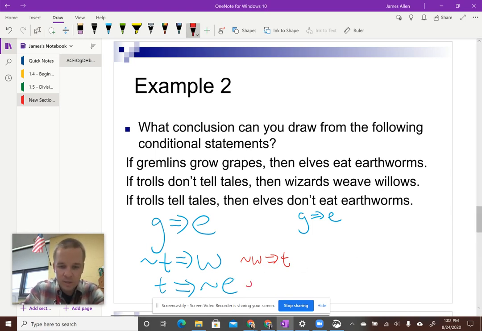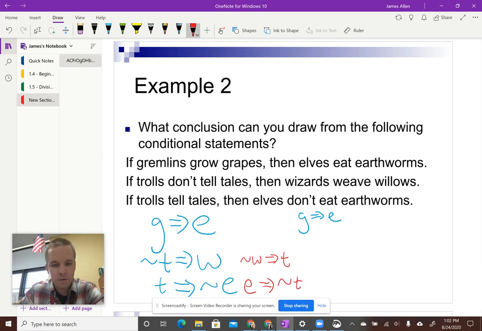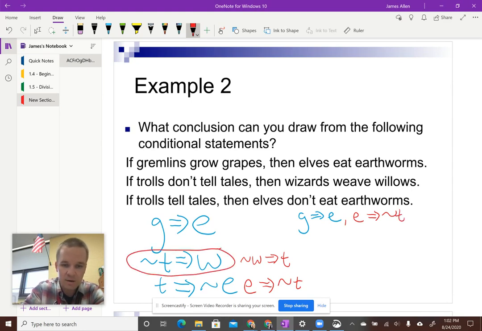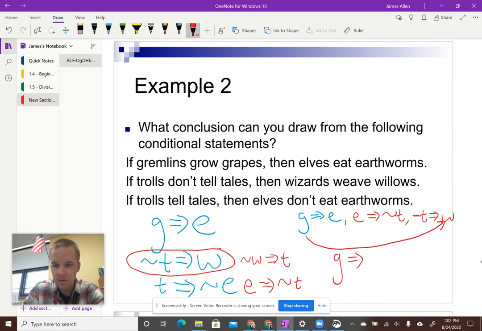And then for this one, it would be E, then not T. Well, look at that. The last one starts with E. So I can say E, then not T. And then this one right here starts with not T, then W. Look at that. We can go from G all the way to W. So if gremlins grow grapes, then wizards weave willows.